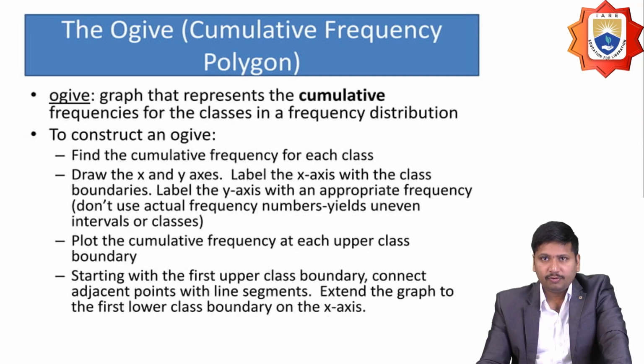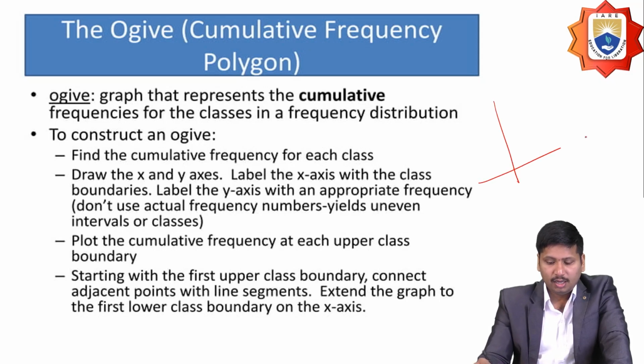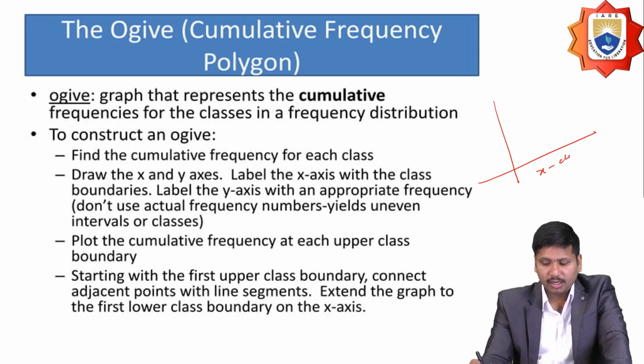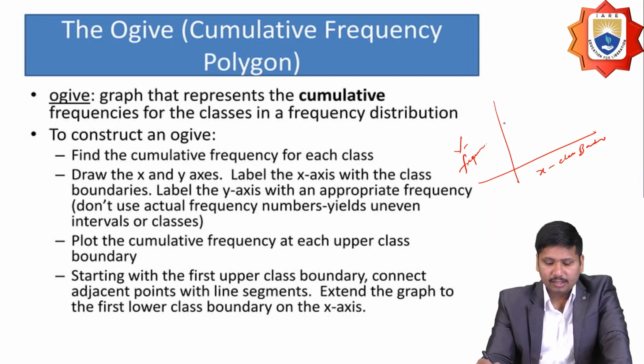So first calculate the cumulative frequency of each class, then draw the x and y axes, label the x-axis with the class boundaries and the y-axis with the appropriate frequency. Then plot the cumulative frequency at each upper class boundary.